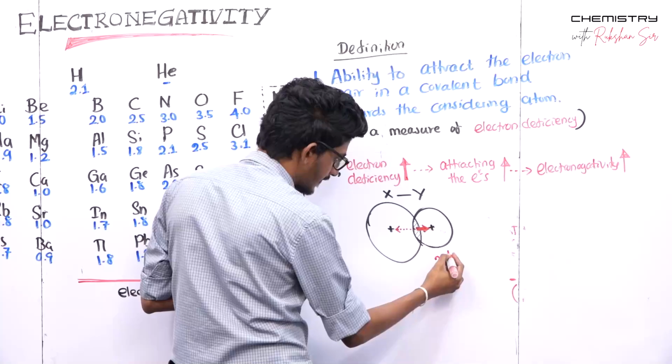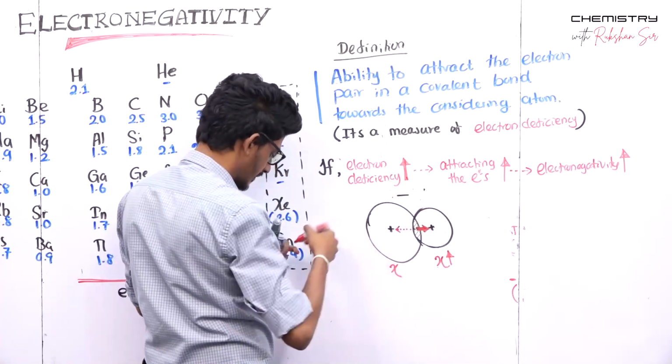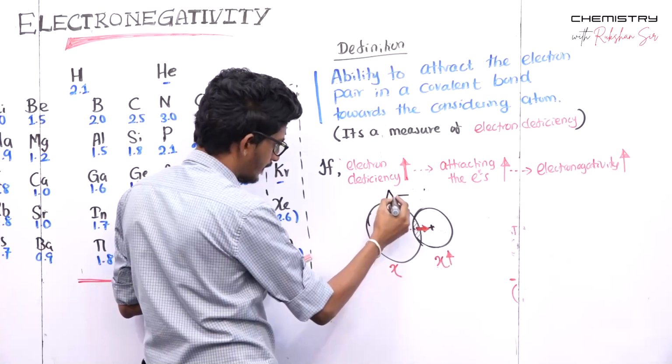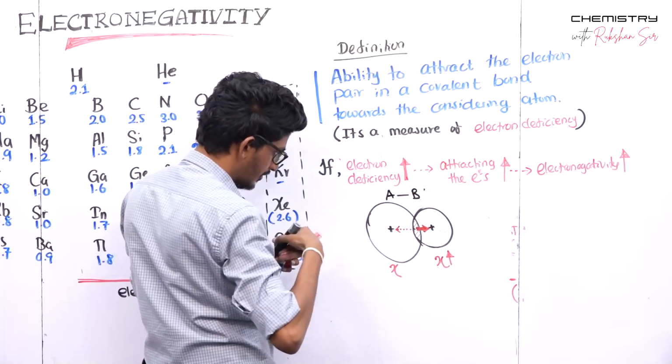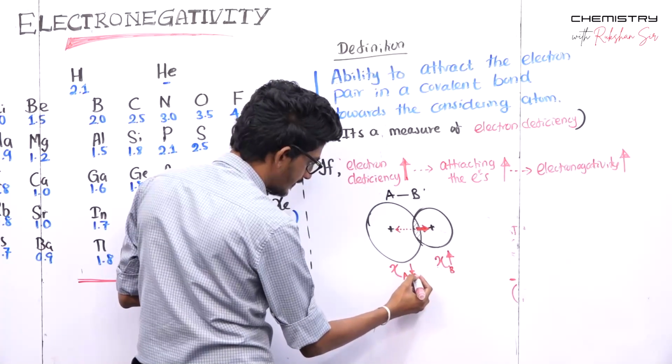Let's take it as AB: the electronegativity of B is greater here, and the electronegativity of A is smaller.